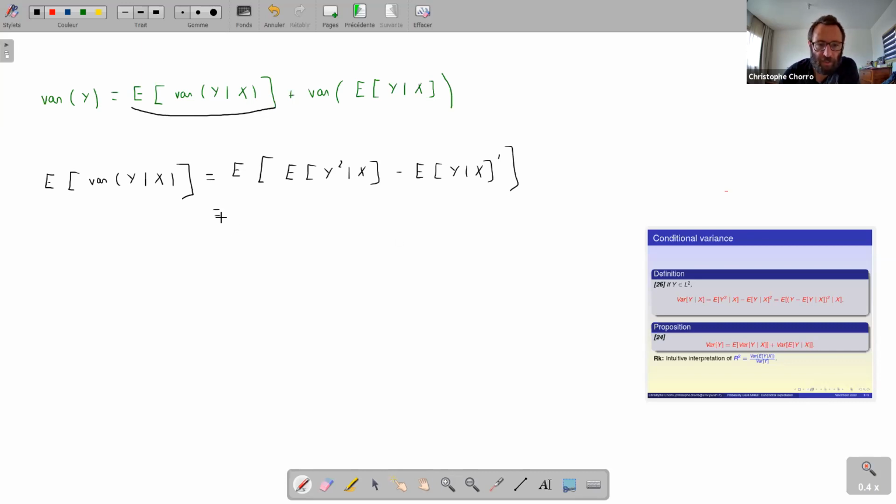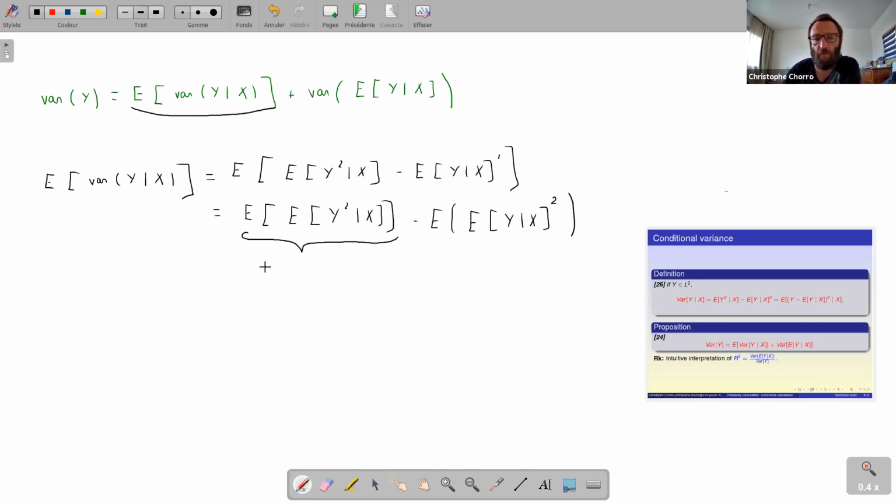By linearity of the expectation, I obtain the expectation of the conditional expectation of y squared given x minus the expectation of the conditional expectation of y given x, squared. And from the previous proposition, I know that the expectation of the conditional expectation is just the expectation of y squared here. So this is for the first term.